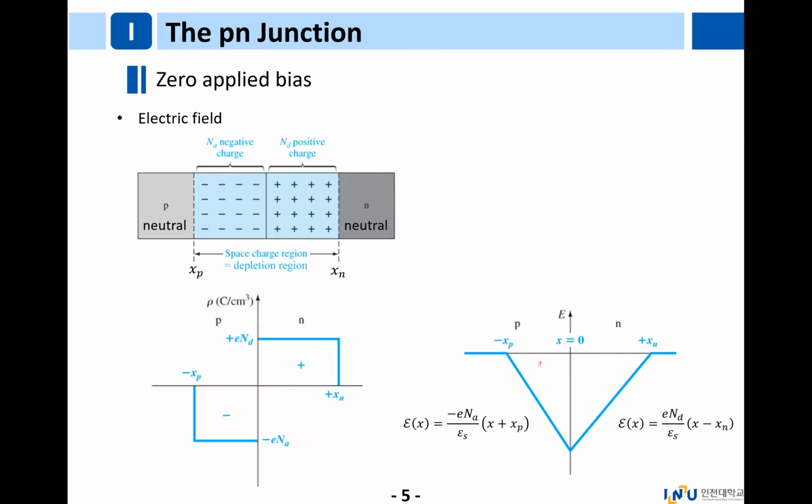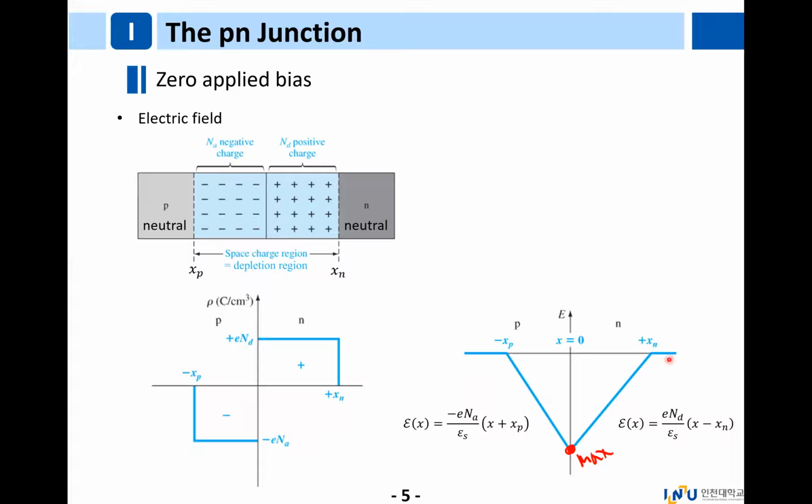If we plot the electric field graph obtained in this way, we will see the electric field in the p-type and n-type regions as follows. Notice that the electric field is maximum at x equals 0.